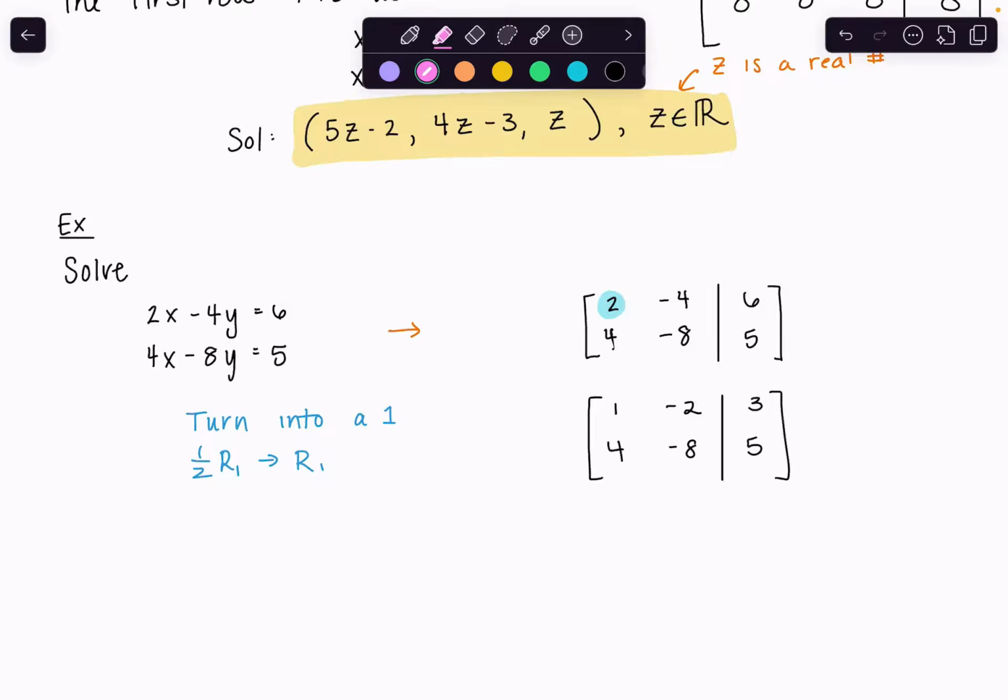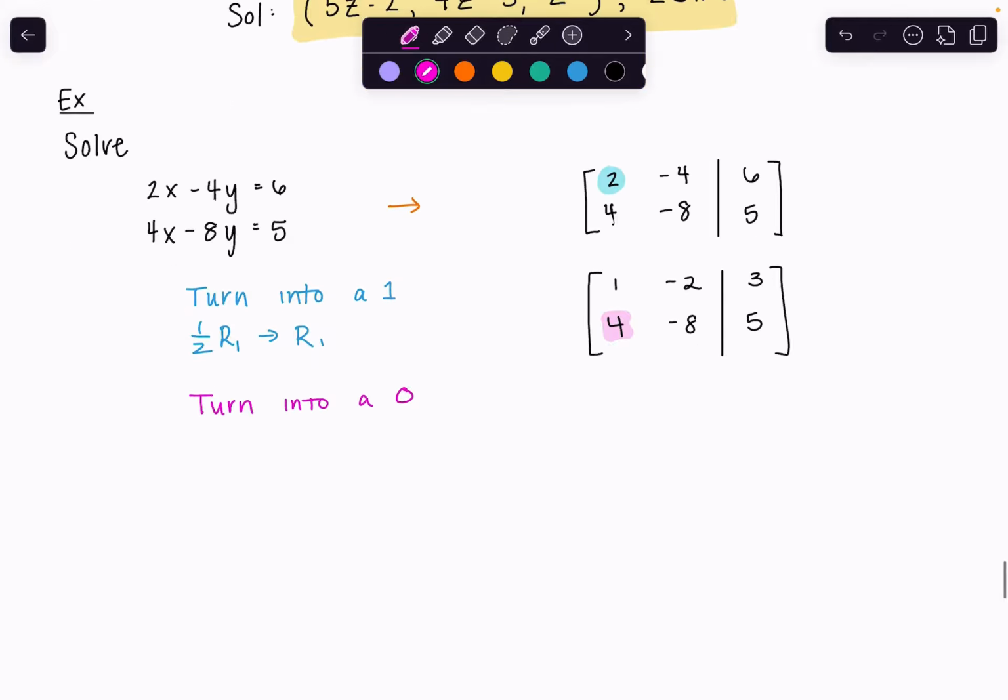Then I want to get zeros below it. And so in this case, I'm going to have to take -4 row 1, add that to row 2, and that becomes my new row 2.